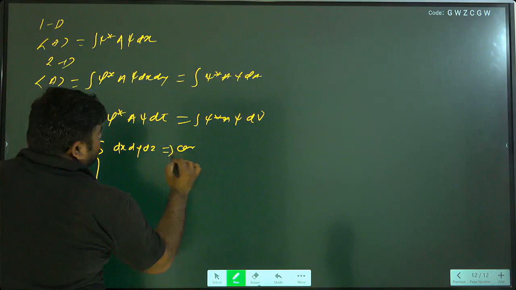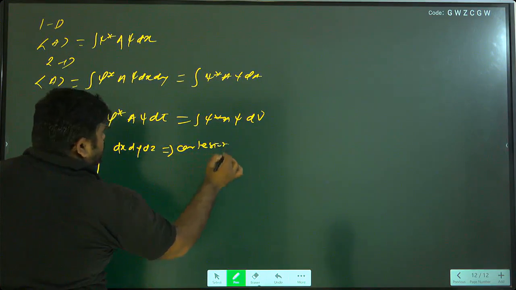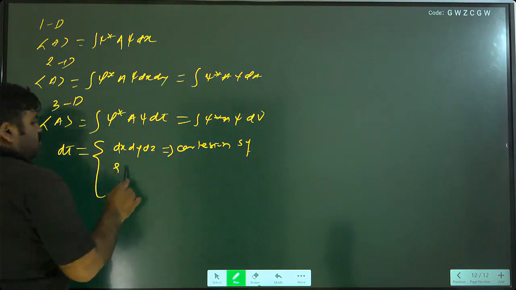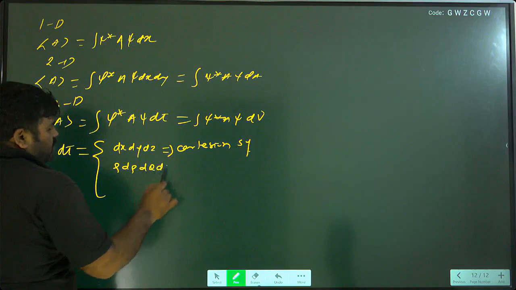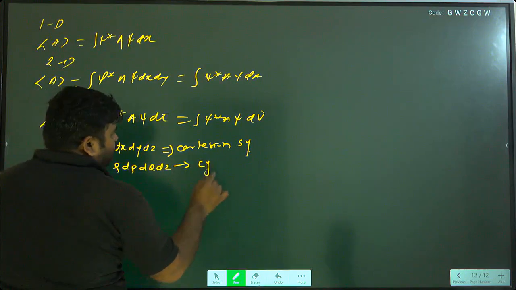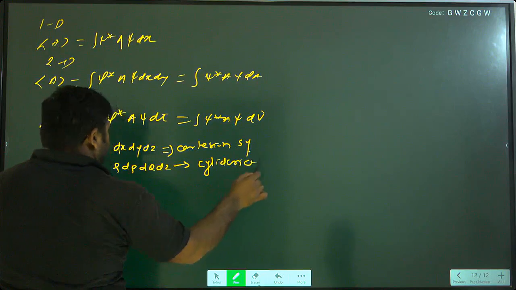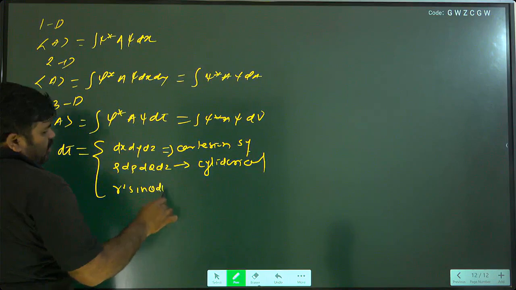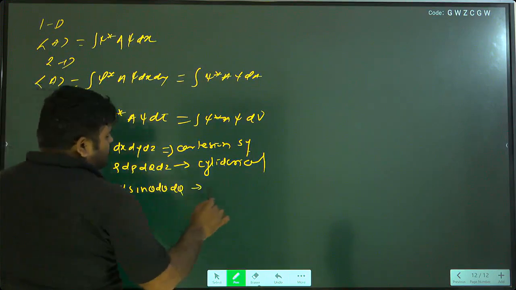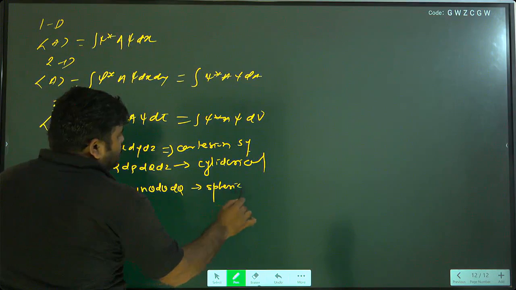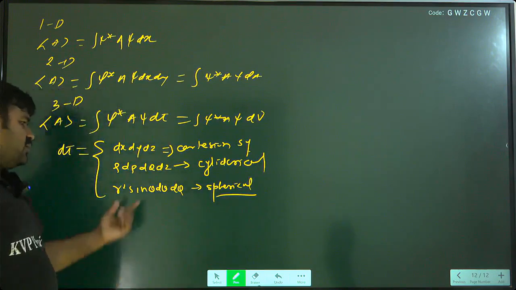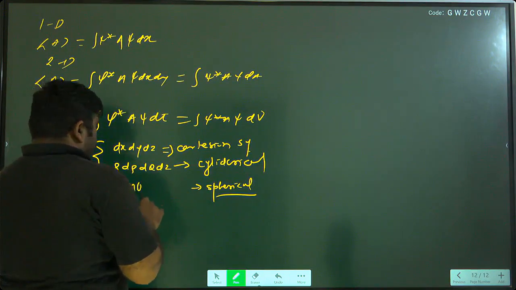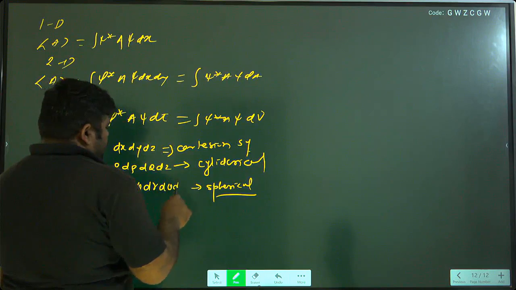For the Cartesian system, d tau is dx dy dz. Next, for the cylindrical system, d tau is rho d rho d phi dz. And if the system is spherical, what is the d tau value? d tau is equal to r square sin theta into dr d theta into d phi.